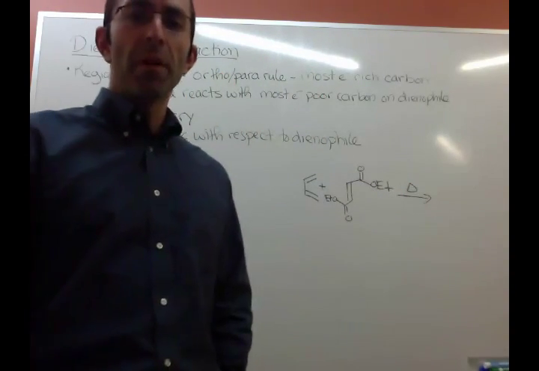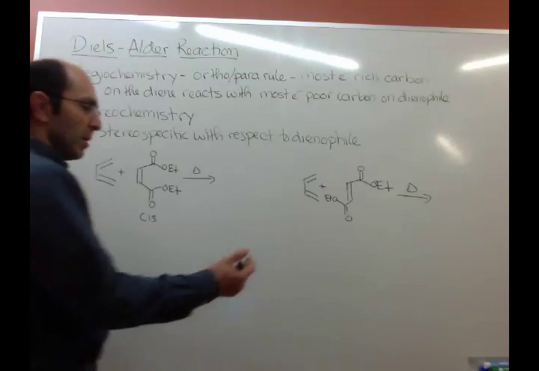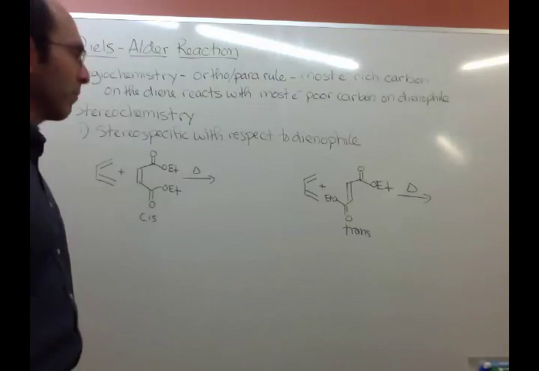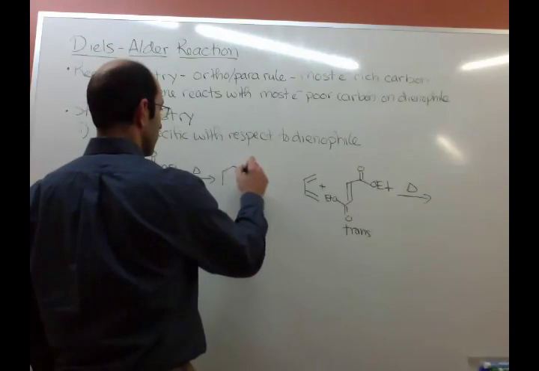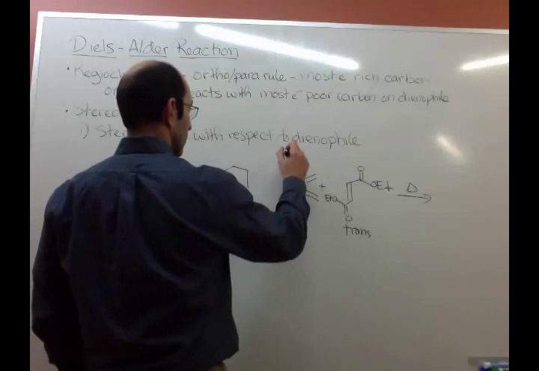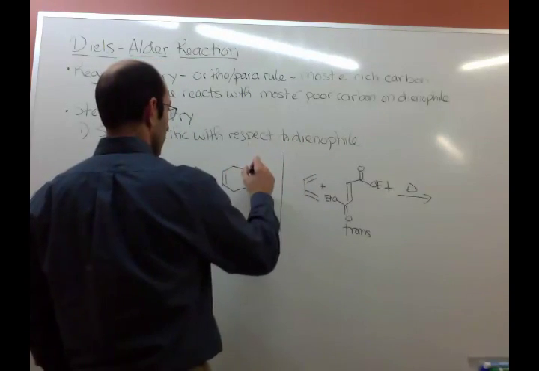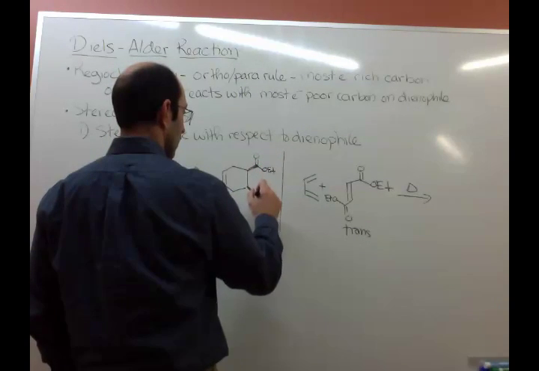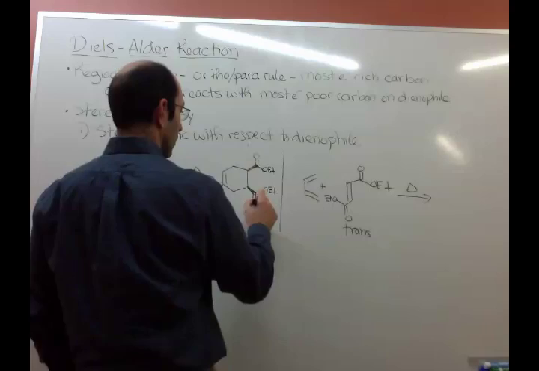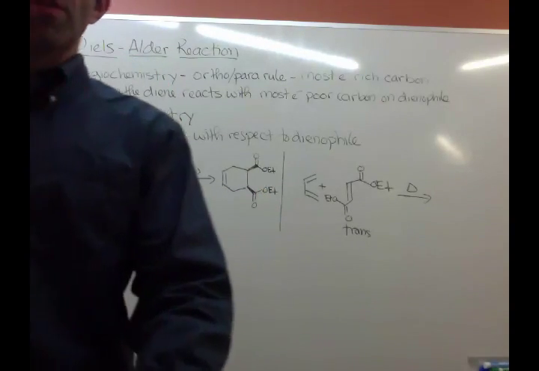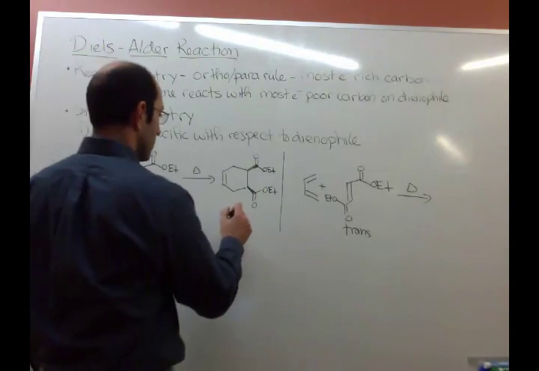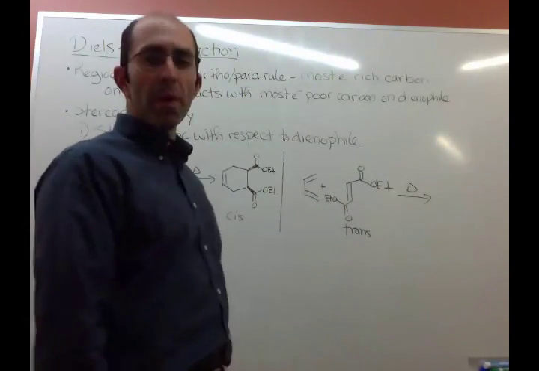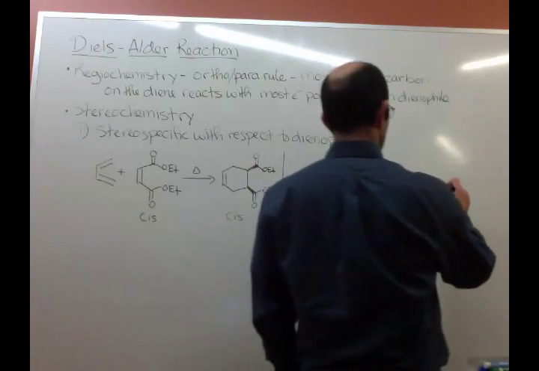Let's see what's going to happen in each case. So we have a cis alkene here, trans alkene here. If we react the cis alkene, those two groups are going to be cis in the product. So cis goes to cis, and then similarly when we react trans, trans is going to go to trans.